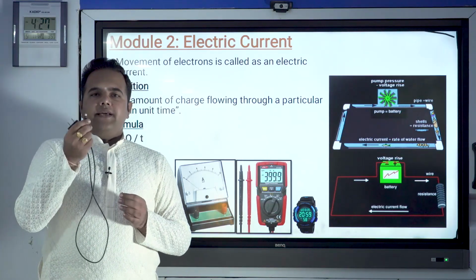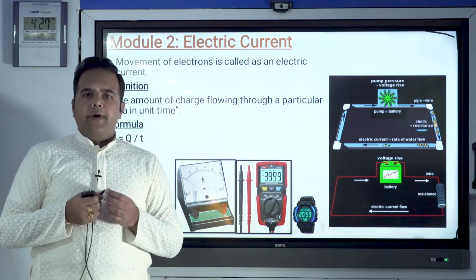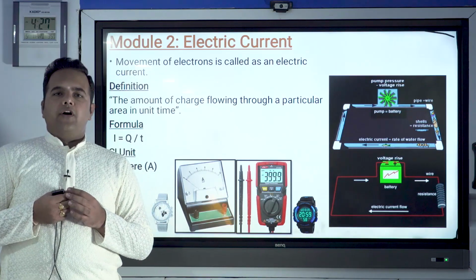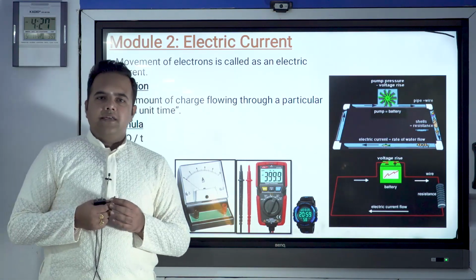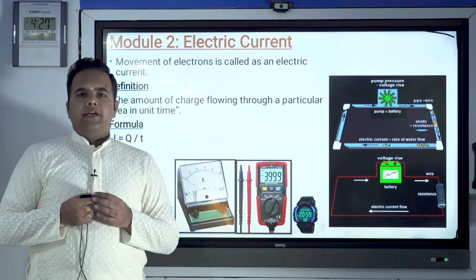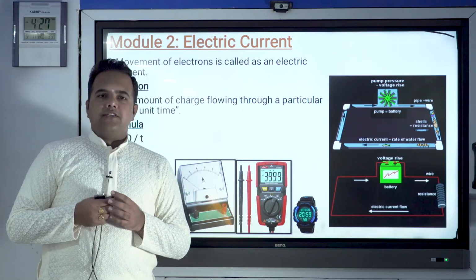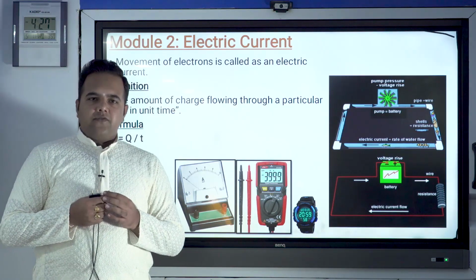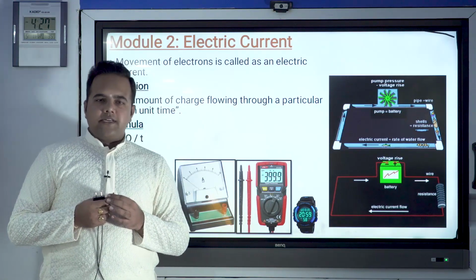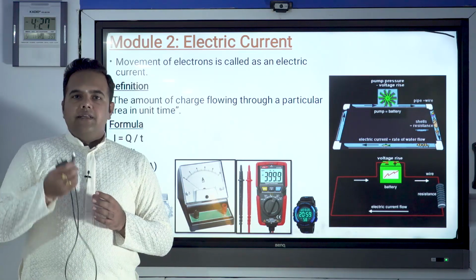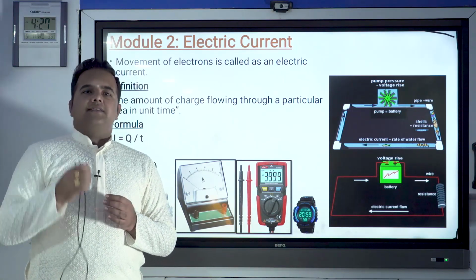Now, if I take this pin and connect it to my mobile, we are all aware that the mobile would not be charged. Does it mean that there are no electrons in this wire? Yes, of course, in every object electrons are there, but there is no electric current in this.